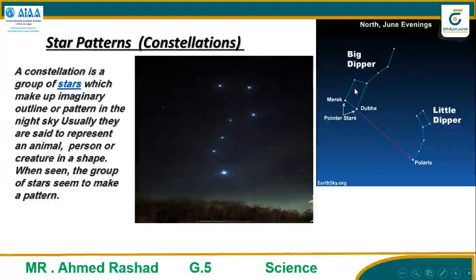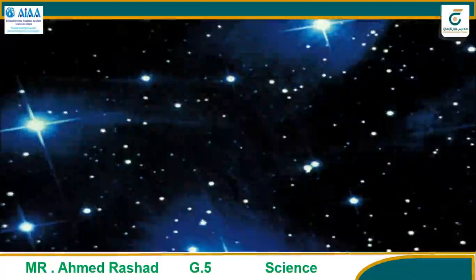The constellations differ in different places and different seasons, and they helped ancient people with cropping, vegetation, and finding locations on the Earth's surface or in the sea or oceans. So you can watch this video that makes a summary of all we talked about in this lesson.